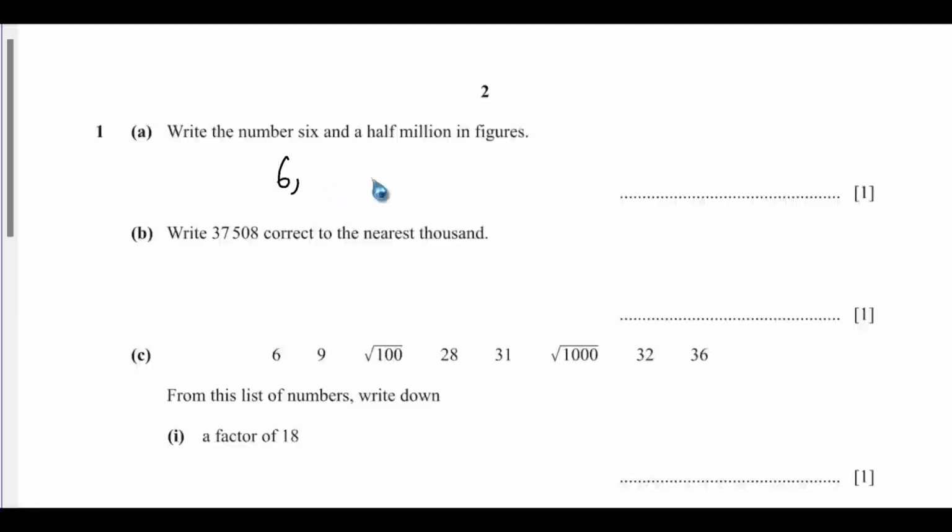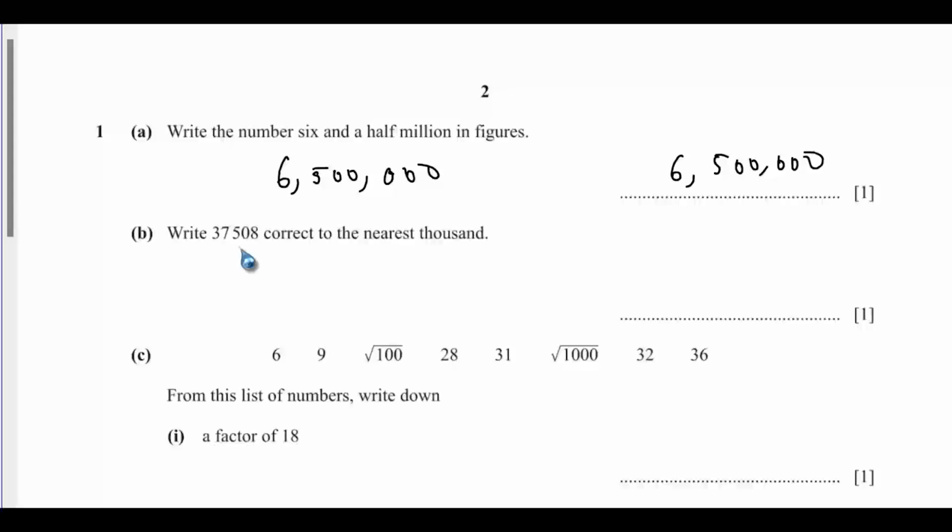Then we should have 6 digits, but we are having a half, that will be 500. That is half of a million. Then we have 0 here. So the correct answer will be 6,500,000. So this is the same as 6.5 million.